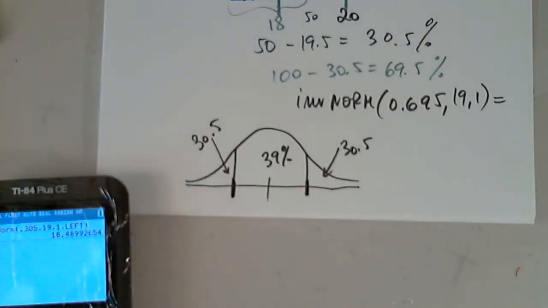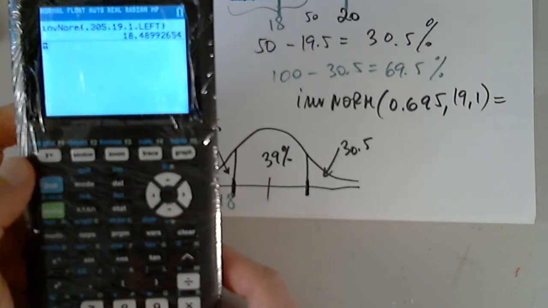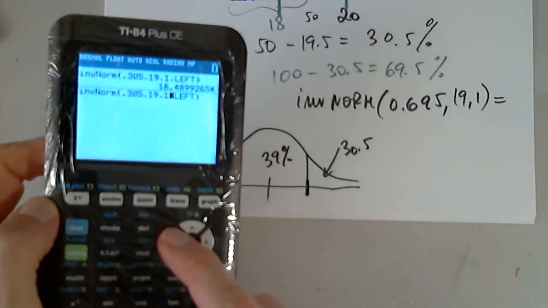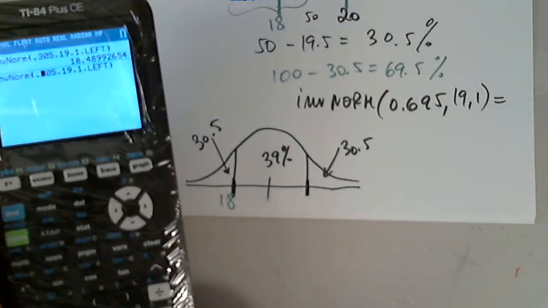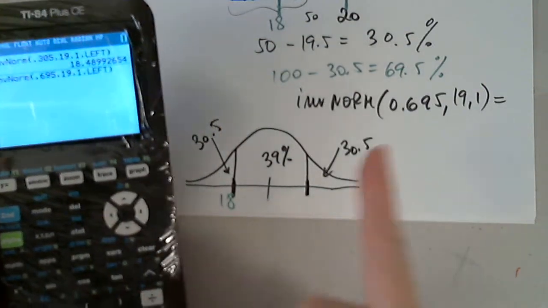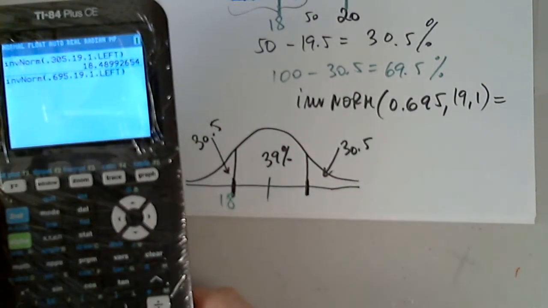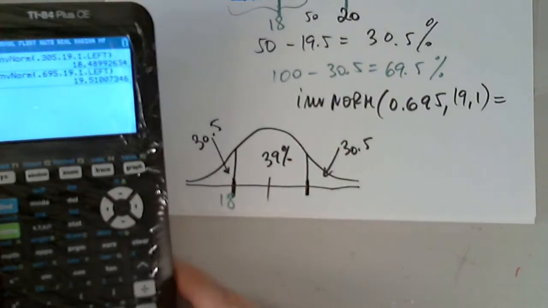So I got this 18 on the left. Now inv norm, again, but this time I want 695. And I should get this number. And I get 20.